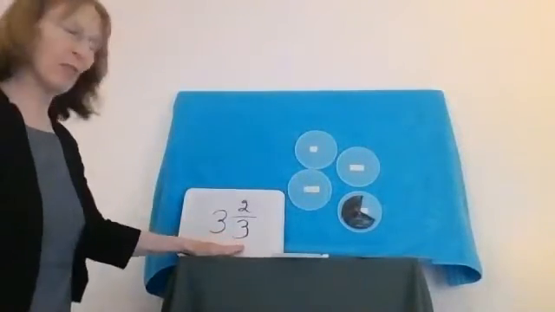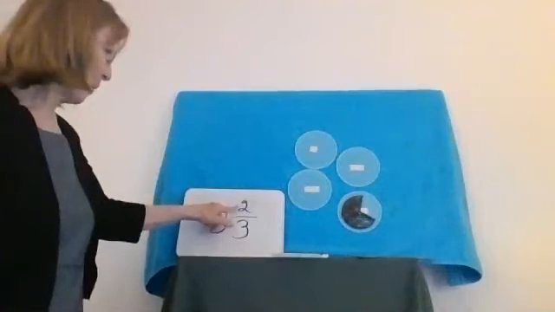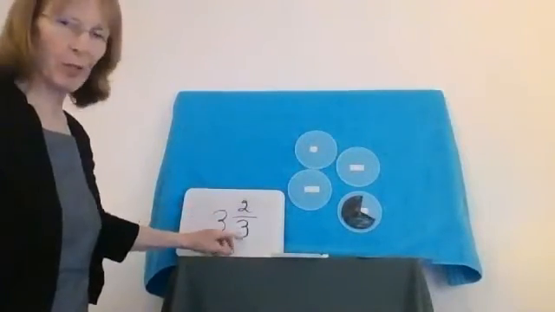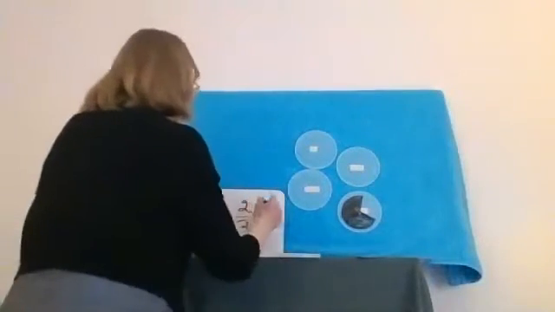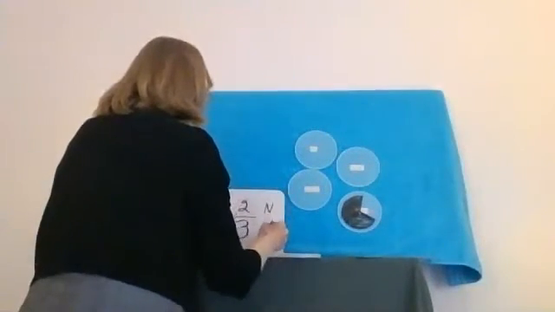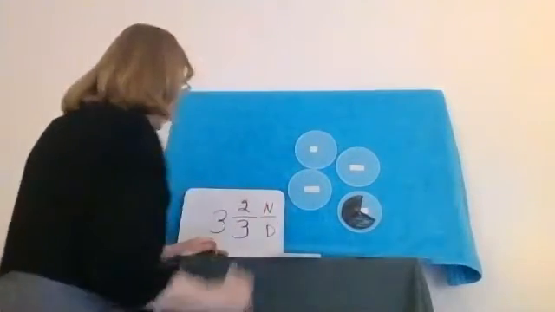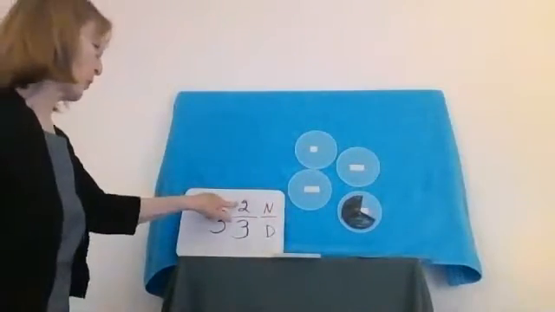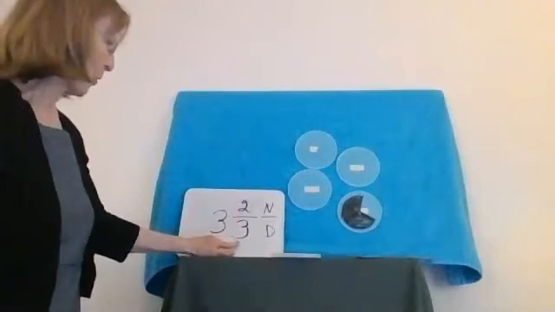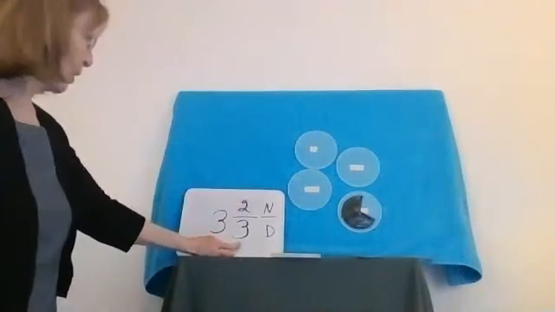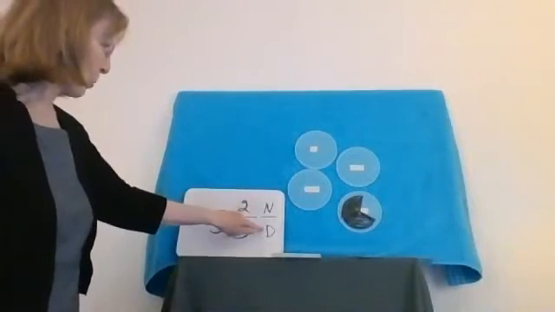Well, in fractions, the top number has a name and the bottom number has a name. Let me do this. The top number is called the numerator. The bottom number is called the denominator. Did you know these are my initials?